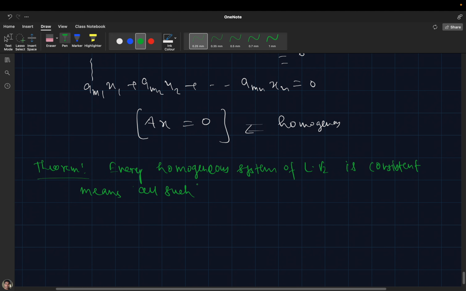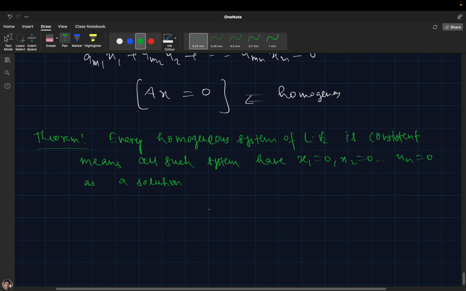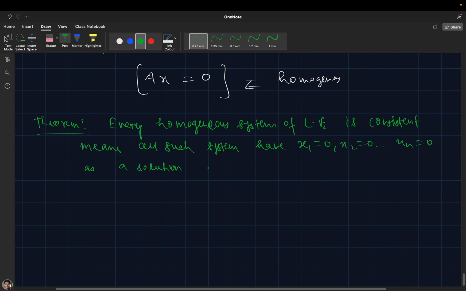All such systems have x1 equal to 0, x2 equal to 0, dot dot xn equal to 0 as a solution. And this is called the trivial solution.